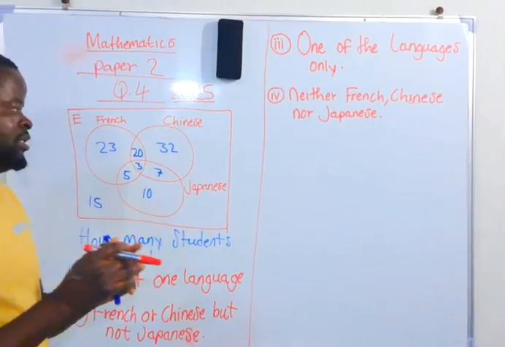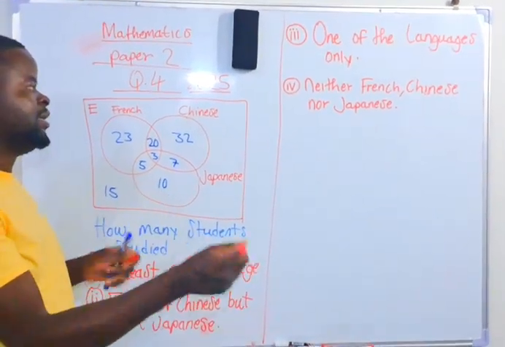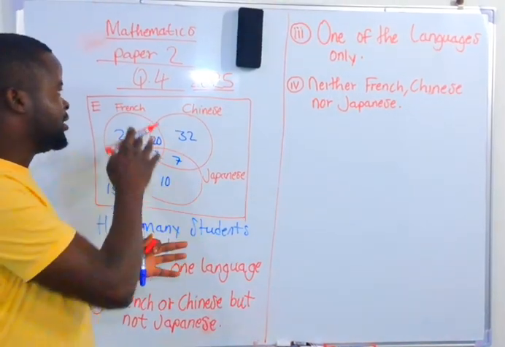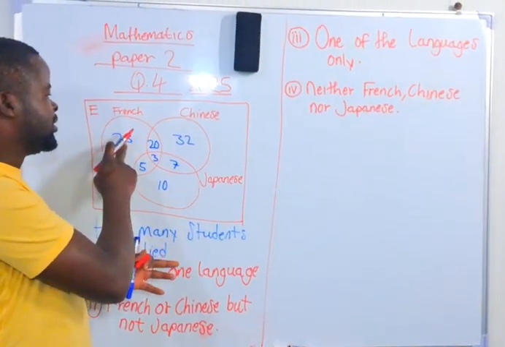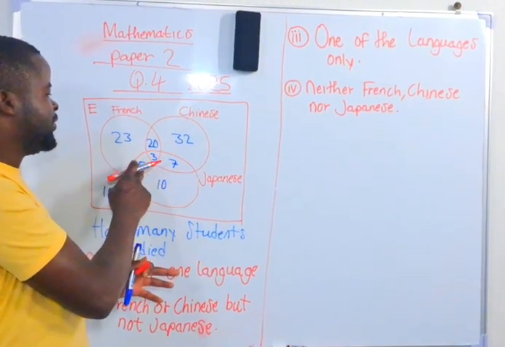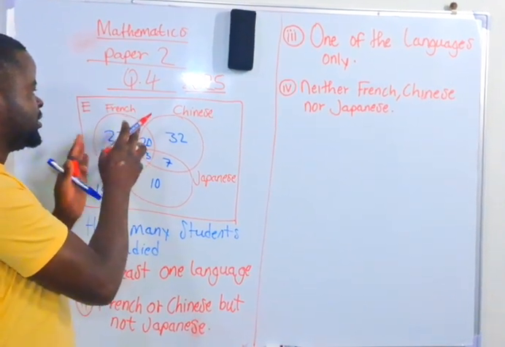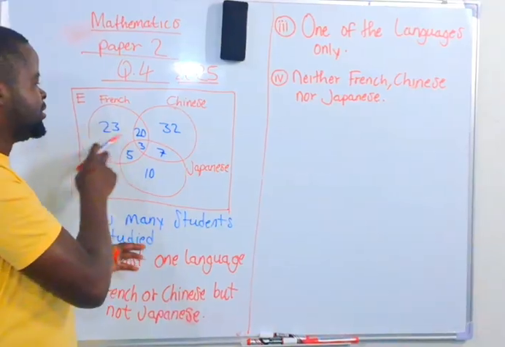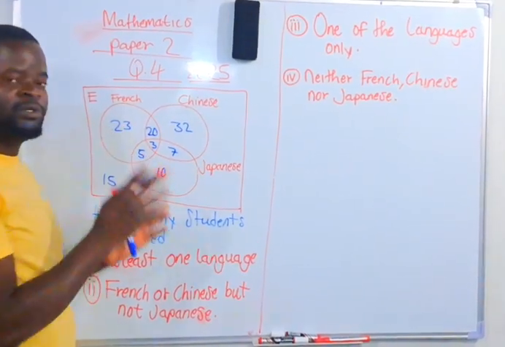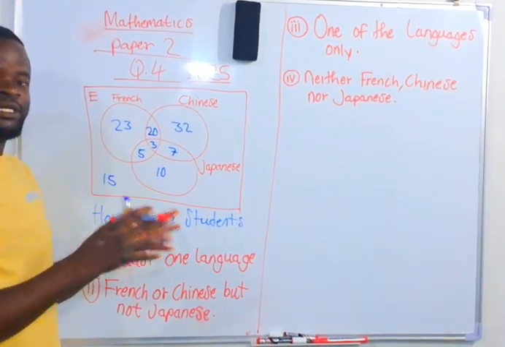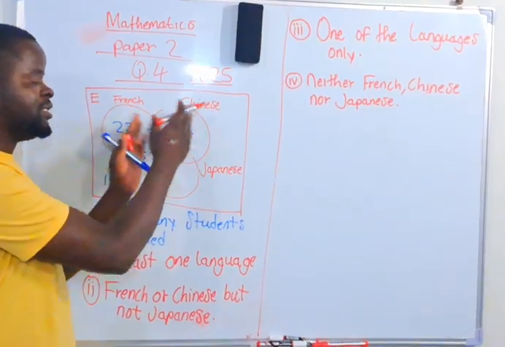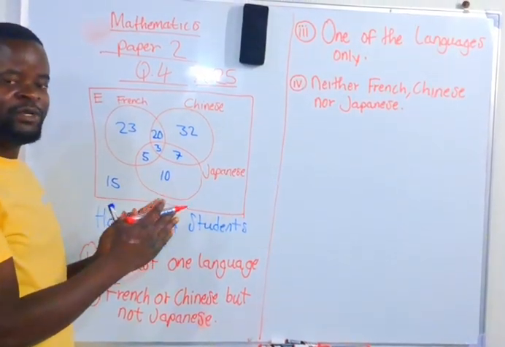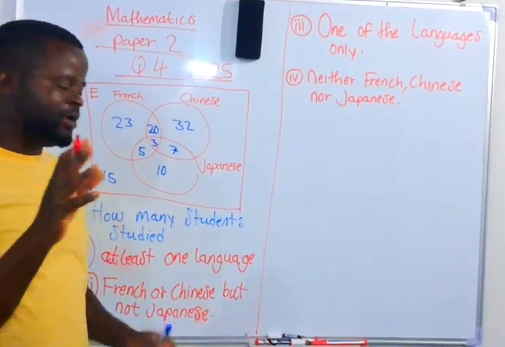We need to understand these numbers represent students who study French. We have 23, 20, 3, 5. According to this set containing students who study French, we have these numbers. Then 23 represents students that only study French and are not involved in studying any other language. So this is some of the information that we need to be aware of.